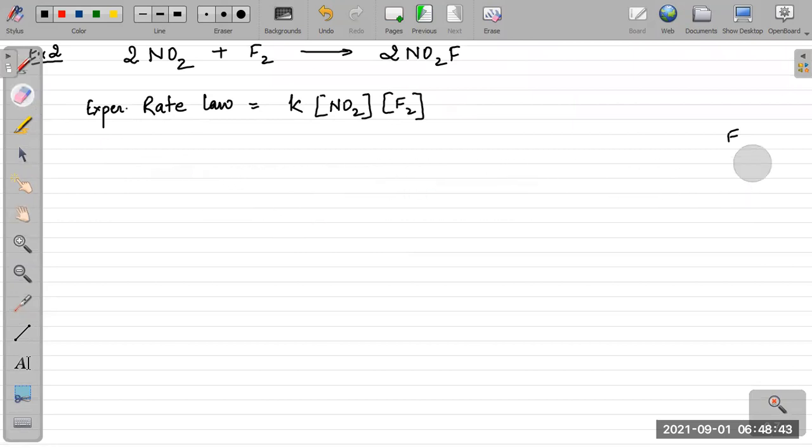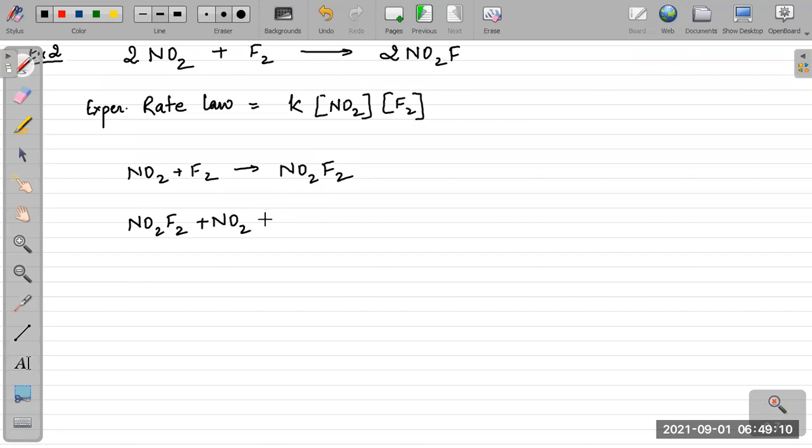So we can have two possible sets of reactions. I'm going to write. The first is NO2 plus F2 giving us NO2F2, and then NO2F2 may be reacting with another molecule of NO2 to give 2NO2F.